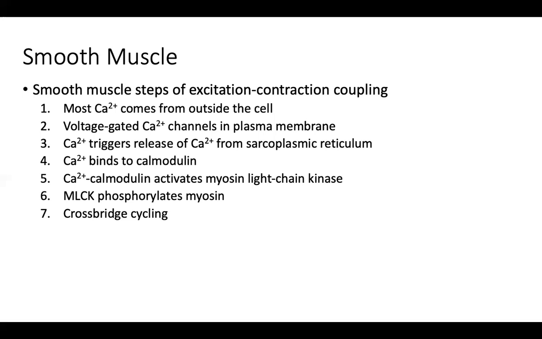Once MLCK is activated, that's actually an enzyme, hence that word kinase at the end there. That is going to phosphorylate myosin. In other words, it's going to add a phosphate group to the myosin head. That is going to energize the myosin head, and allow myosin to make interactions with actin and start the cross-bridge cycling.